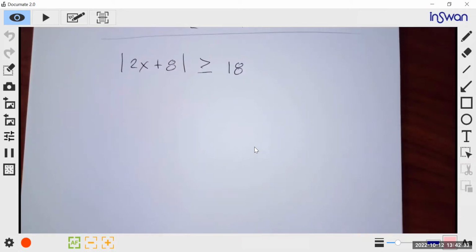Absolute value of 2x plus 8 is greater than or equal to 18.